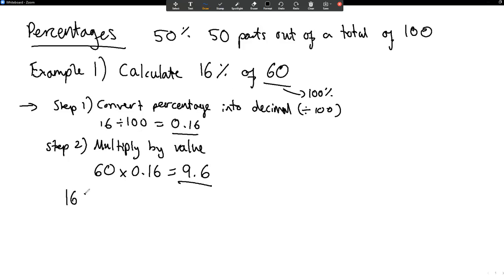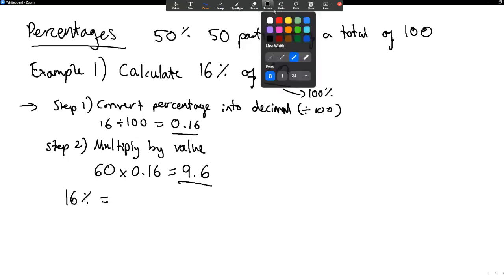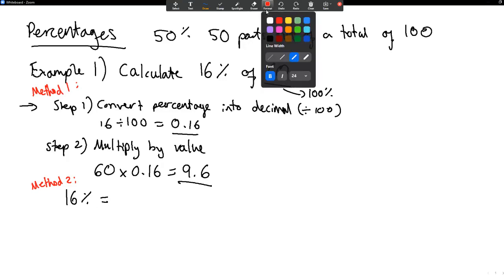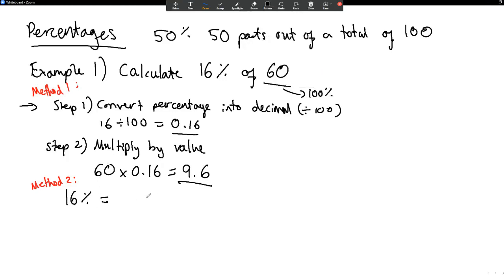So let's call this method 1, and this can be method 2. When you don't have a calculator, you can split this up into easier percentages to calculate. So 10% plus 5% plus 1%, for example.